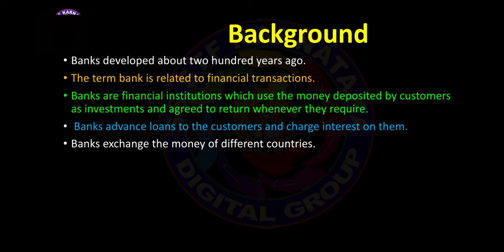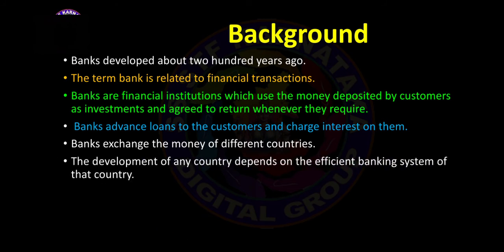Then, banks exchange money to different countries. For example, you are sitting here and your cousins or relatives are out of the country, like Dubai, Australia, Switzerland, wherever they are. So banks can exchange money to different countries.